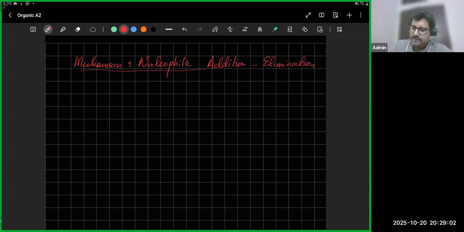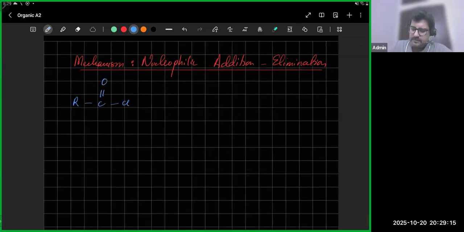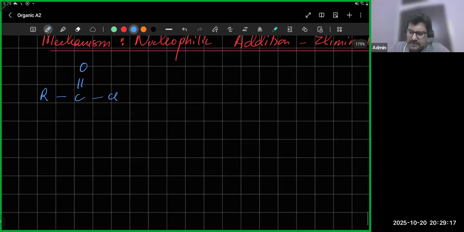Yes, it's going to be a 3-4 mark mechanism. To start, we have RC double bond O Cl. Okay, the carbon is very positive, the Cl is partial negative, the oxygen is also partial negative.